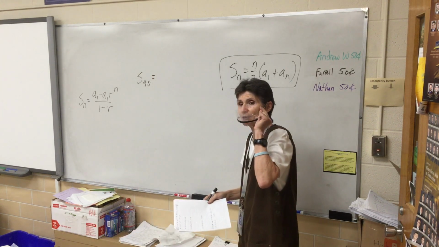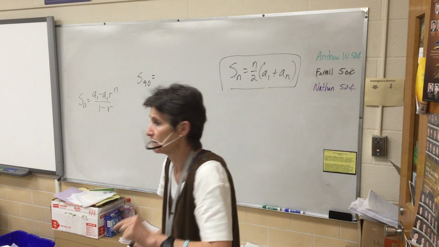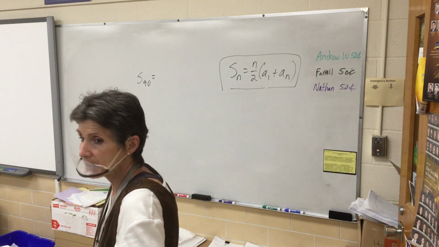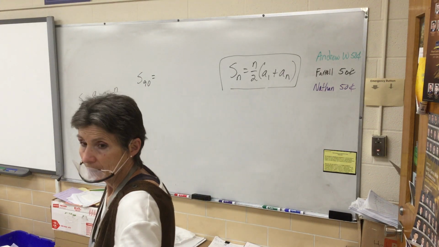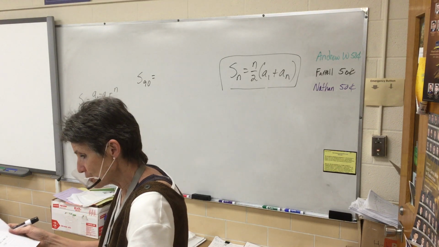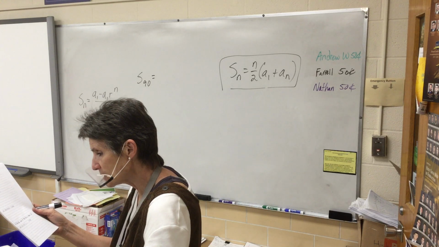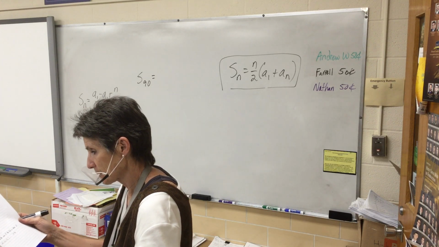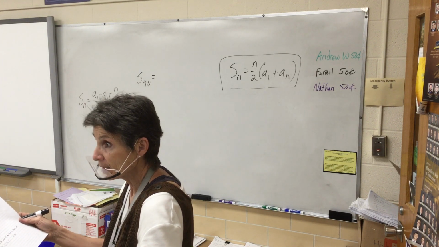How do I decide which formula to use? What does it depend on? Arithmetic or geometric, right? So look at your numbers. What do you think? What's going on there? Arithmetic?